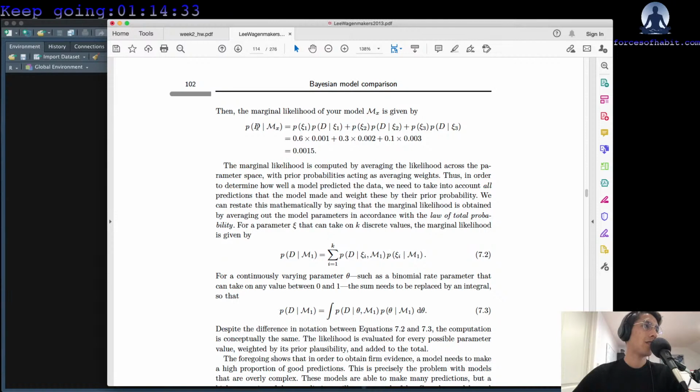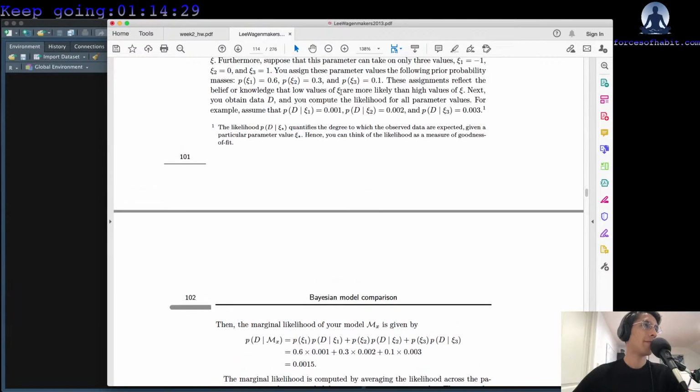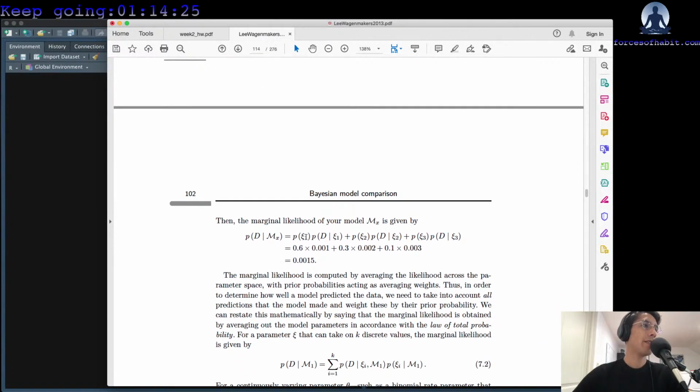And notice how in this particular example we had 3 parameter values. This is a very, very simple case. But even here, when you start writing this out, you can see how it could get pretty wild.